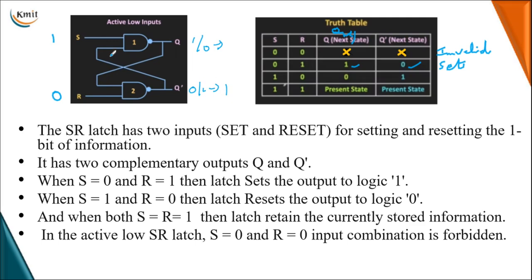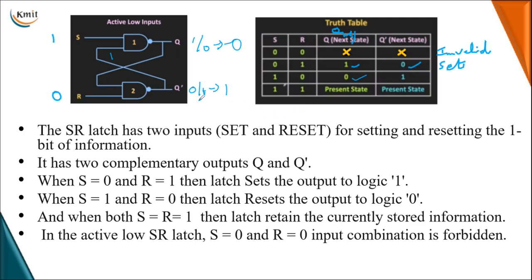The complemented state is transferred to logical 1. With S input 1 and the forwarded complemented state 1, since both inputs are 1, this output becomes 0. So next state is 0. If reset input is 0, the second NAND gate output becomes logic 1, where present state is 0 or 1. This is transferred as the second input, and the set input is already 1. So if both inputs are 1, your present state is 1 or 0, your next state is a reset state.